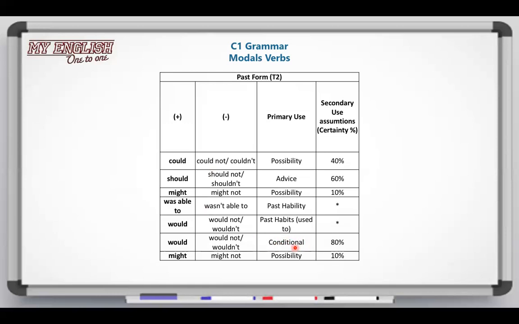In this case, it does have a secondary use, and it has 80% certainty for an assumption. And finally, we have might, and the negative might not. This means possibility in the primary use, and a 10% degree of certainty for an assumption.